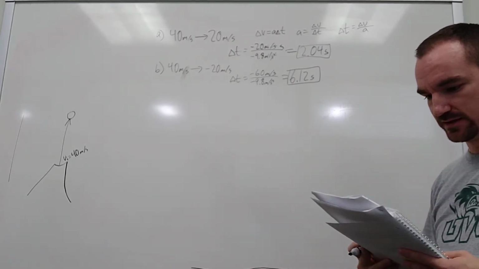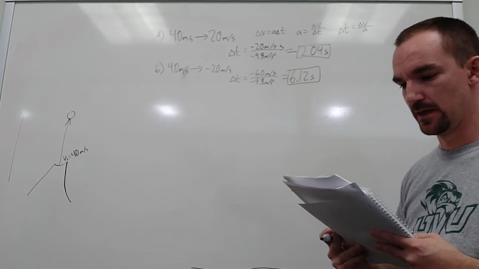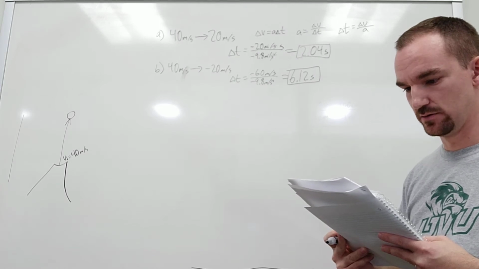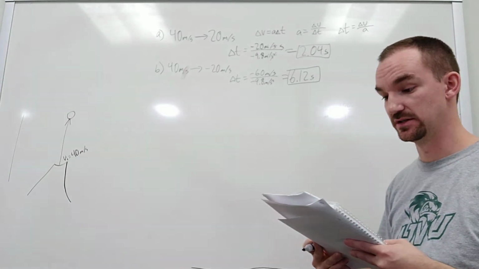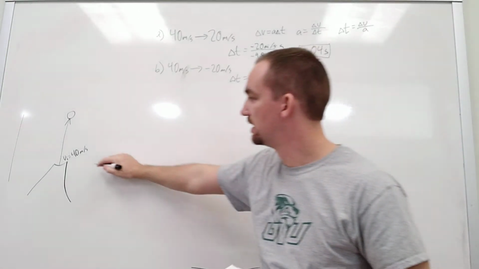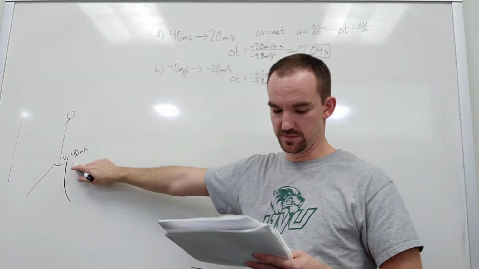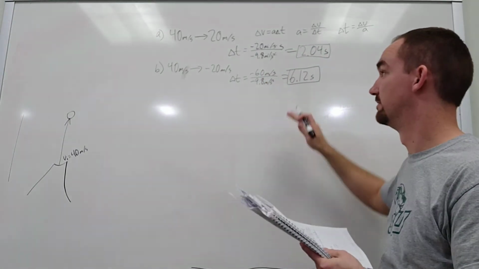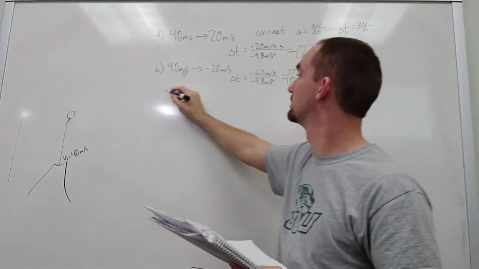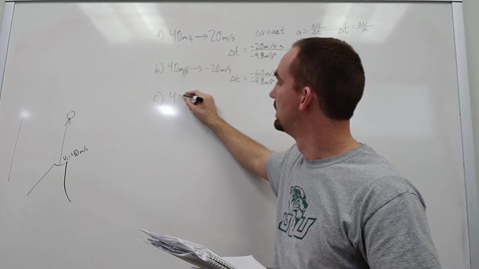And then part C, what is the displacement of the boulder from its initial position 0? Or sorry, when is the displacement of the boulder from its initial position 0? So basically, when does it come back to its initial position? That's also crazy similar to what we've already done. Basically, we want to know when.